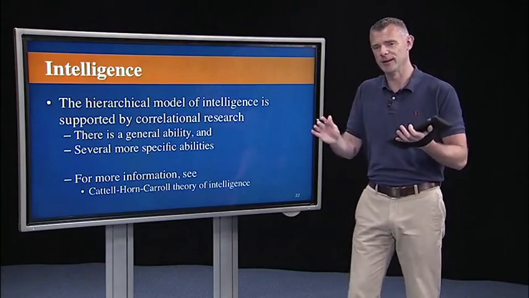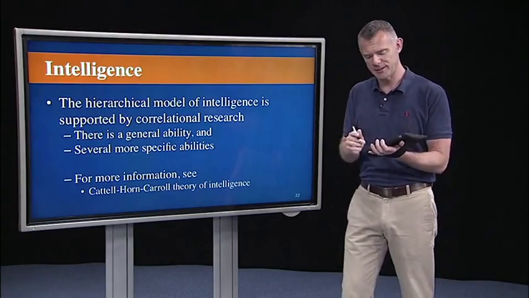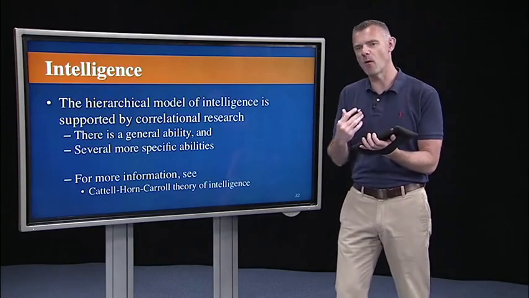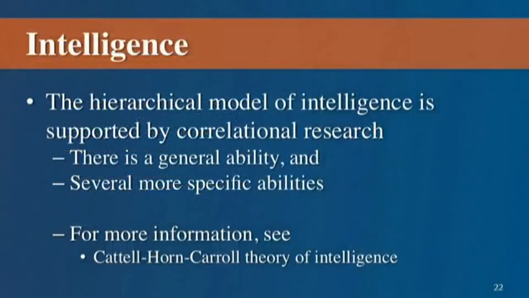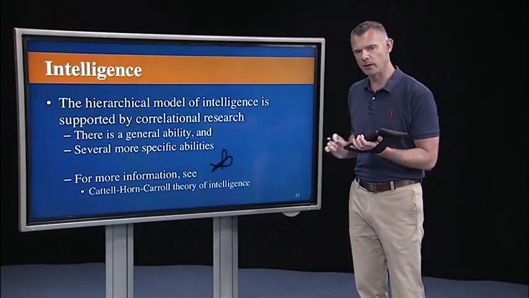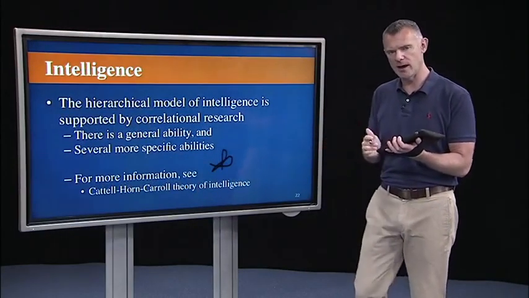I don't want to get into a big debate about intelligence, but if you do want to know more about intelligence research, feel free to look at my own research. I do research on this, or if you want to know more about that hierarchical model I just showed you, just Google the Cattell-Horn-Carroll theory of intelligence. That's the prominent theory of intelligence right now.